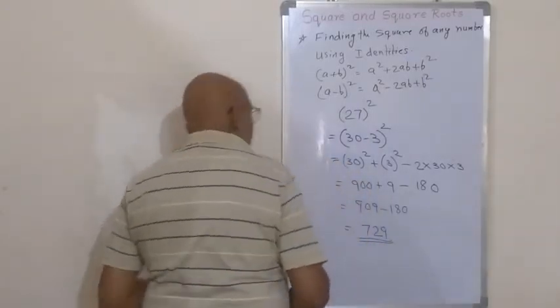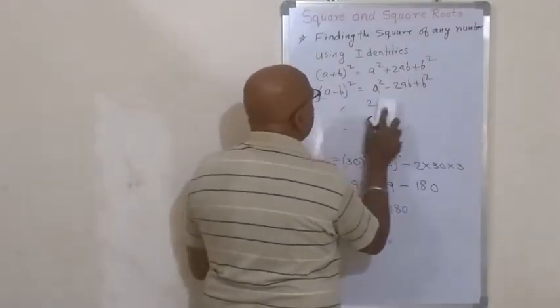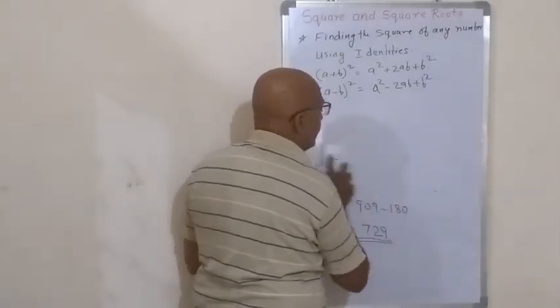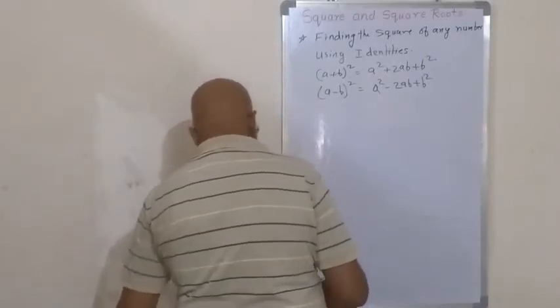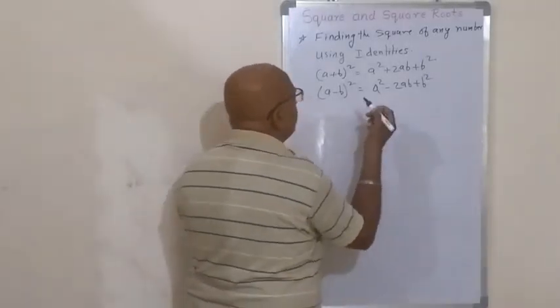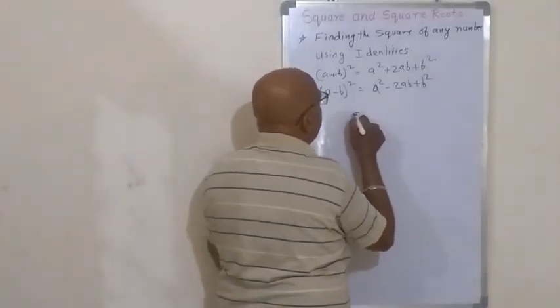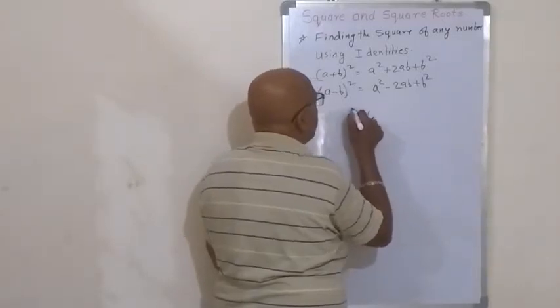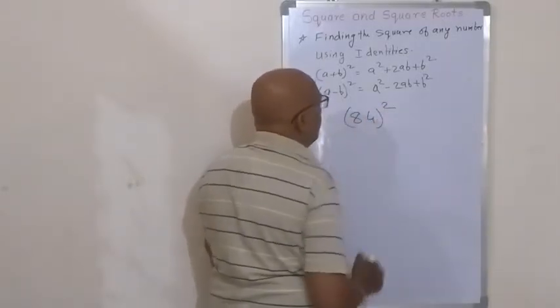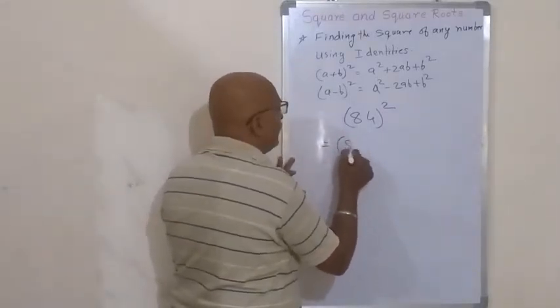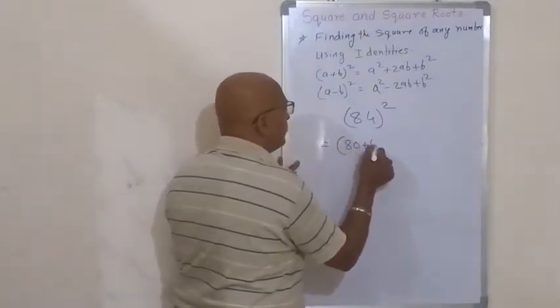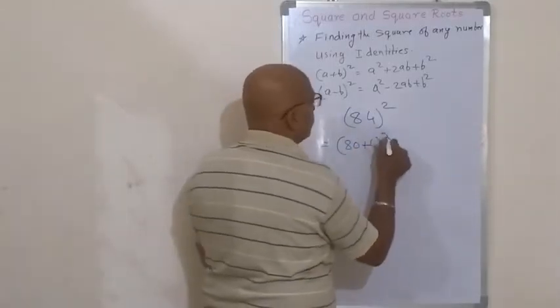We will see one more example. Say the number is 84 whole square. Now 84 whole square, you can split 84 as 80 plus 4 whole square.